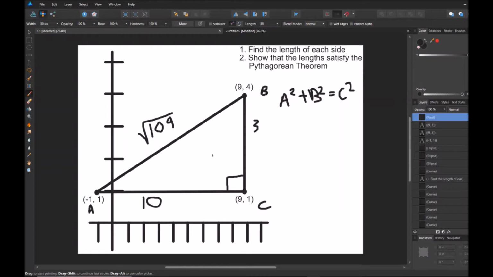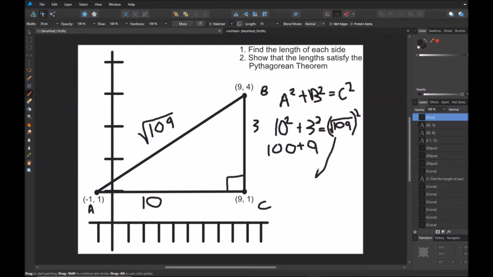So a will be 10, so we'll have 10 squared, plus b, which we'll call 3, 3 squared, equals the square root of 109, the square root of 109 squared. Now 10 squared is 100, and 3 squared is 9.